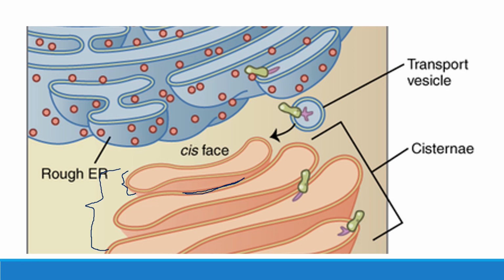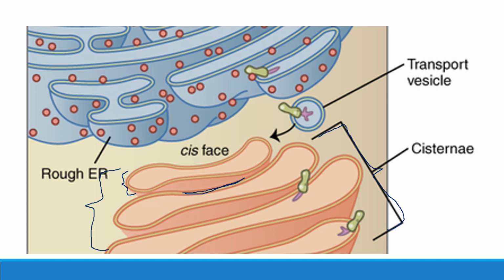And you can see this stalk-like structure as a whole is known as cisterna over here. So this is the cis phase that you can see over here, that is closer to the endoplasmic reticulum, and the area that is away from the endoplasmic reticulum is known as the trans phase.